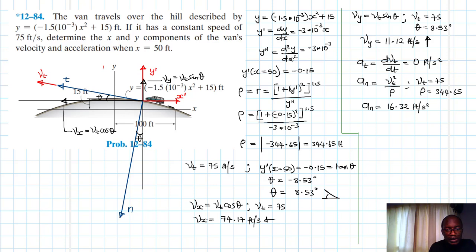So our an is in this direction. Let me just shorten this a little bit so that we have a little bit of space. Okay, this is N. So our an is in this direction, like so.